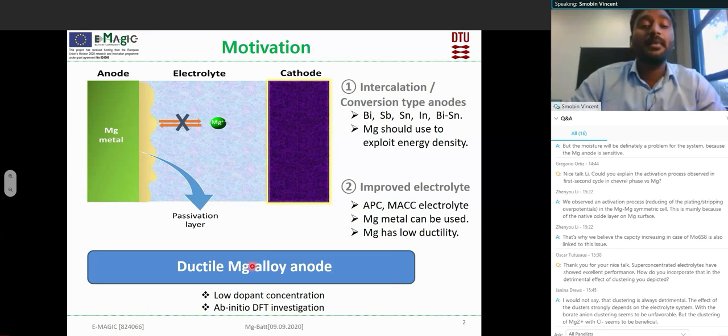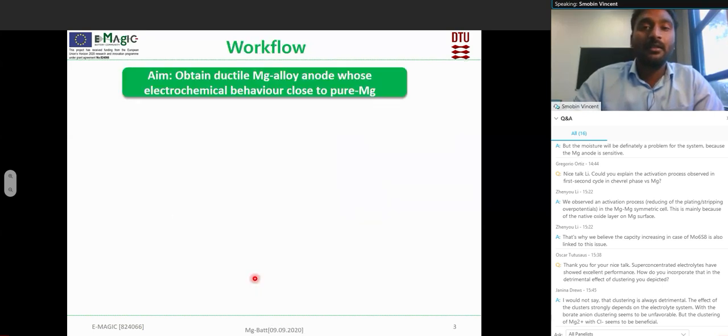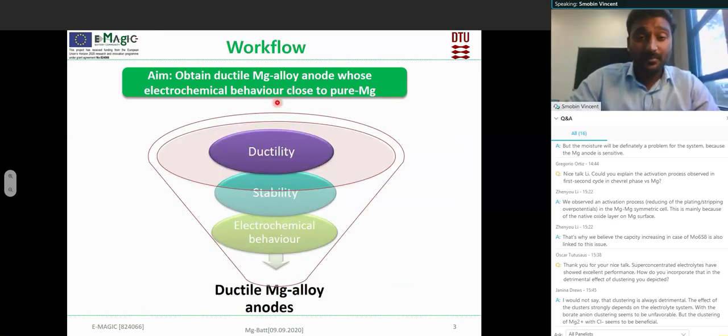My work is basically an ab initio density functional theory investigation in search of a ductile magnesium alloy anode. The workflow is as follows. The main aim of the work was to obtain a ductile magnesium alloy anode whose electrochemical behavior is similar or close to pure magnesium. The first step was screening the dopants. First we looked at whether the dopants we added improve the ductility.